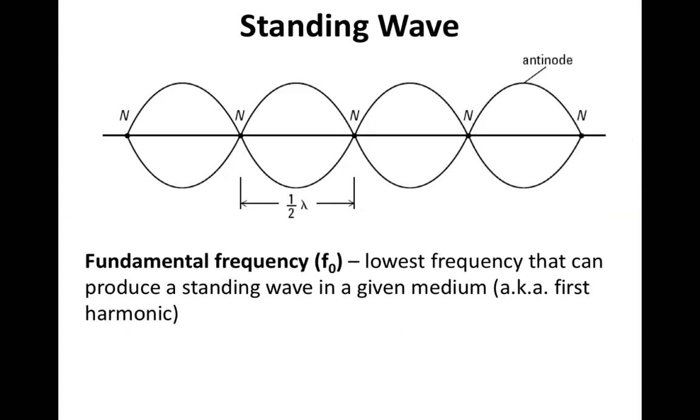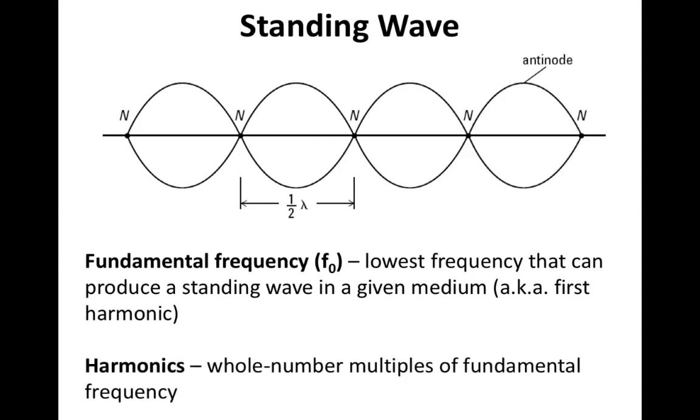A fundamental frequency is the lowest frequency that can produce a standing wave in a given medium. And it's also called the first harmonic. Harmonics are whole number multiples of fundamental frequency. So we can create a standing wave that's tied here and just has sort of like one lobe like that.